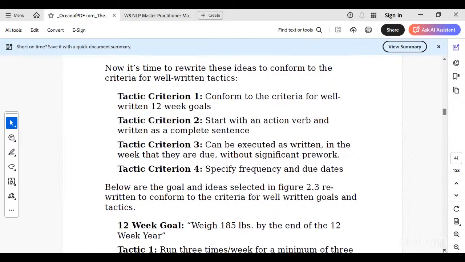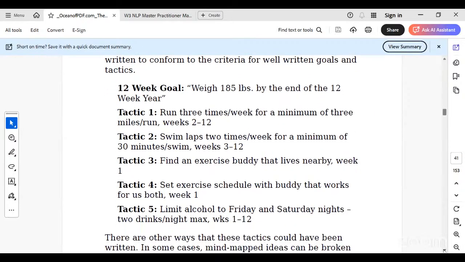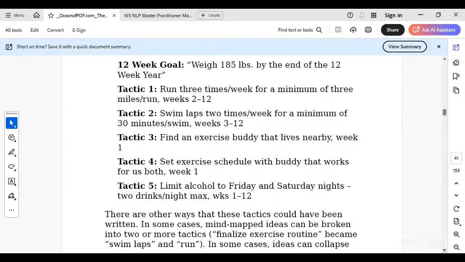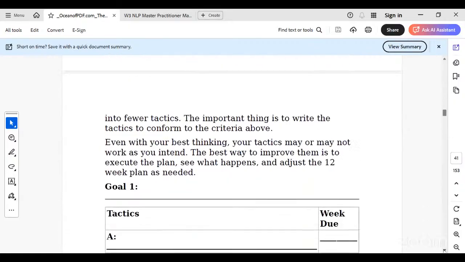It helps, and specify the frequency and due date so that it is not lost. Is it every day that you commit to do it, or how often, right? I think they have given a great breakup of a weight reduction goal. I think each one of us is mindful of weight nowadays, so this is a good summary, so we can pick that up.